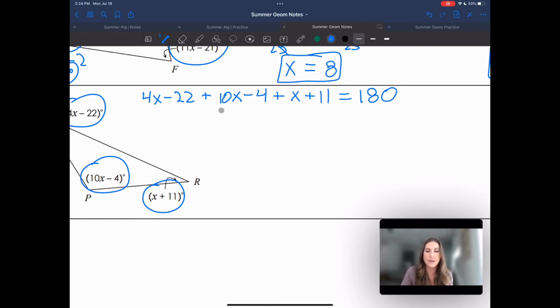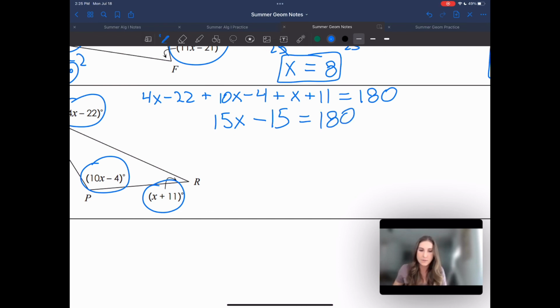Let's see, we got a 4x, a 10x, and a 1x. That's gonna give me 15x. Okay, and then we've got a negative 22, careful with your negatives, a negative 4, which is gonna give me negative 26, and then I've got negative 26 plus 11, okay? So it's gonna give me negative 15 equals 180.